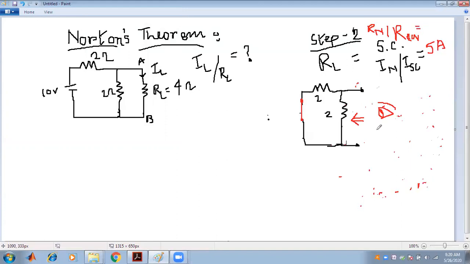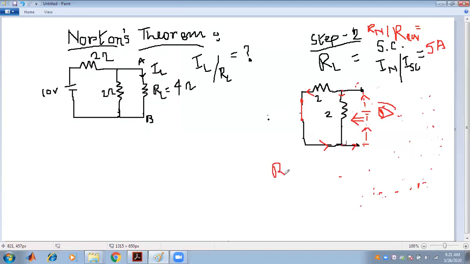So the same process we are considering. There is an imaginary voltage source, with a positive and a negative terminal, and the current starts to flow from there. The current is divided into two parts when it reaches that particular point, and then they add here and come back with the same current. So these 2 ohm and 2 ohm are connected in parallel.